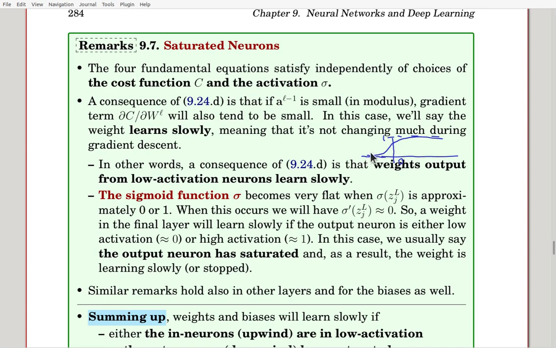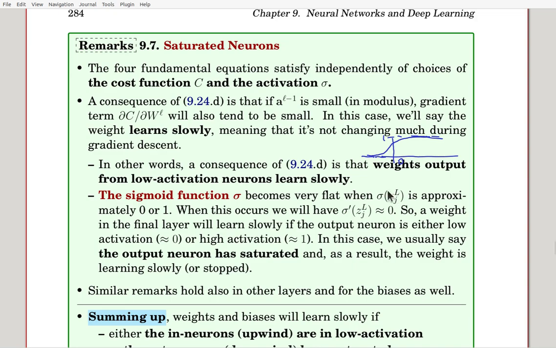Once the activated value is around 0 or 1, the curve is very flat. So the sigmoid function becomes very flat when the activation is approximately 0 or 1, and its derivative will be almost 0. With this small value, learning will be very slow. That is called saturation.